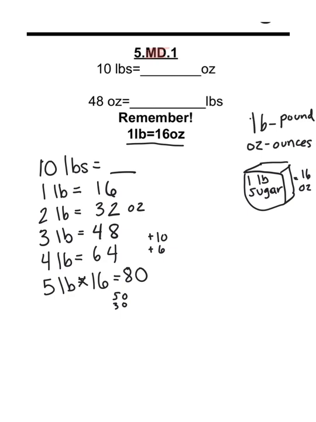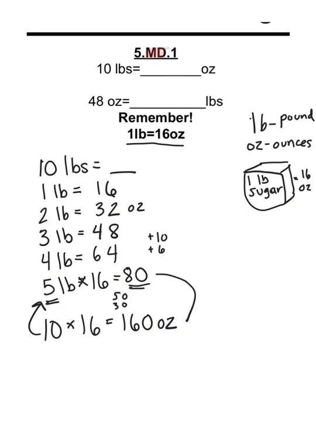And then for our 10 pounds, let's do 10 pounds times 16 ounces in each pound. That's going to give us 160 ounces. And that makes sense because 5 pounds is half of 10, and 80 ounces is half of 160 ounces. So that makes sense. Okay, I'm going to put 160 ounces here.